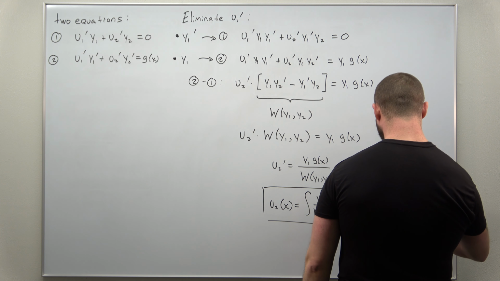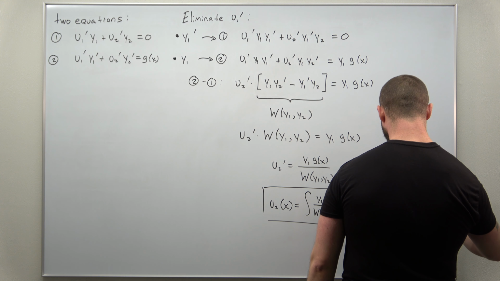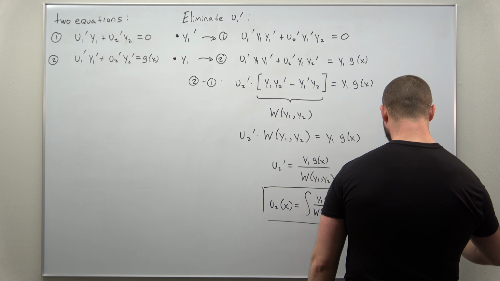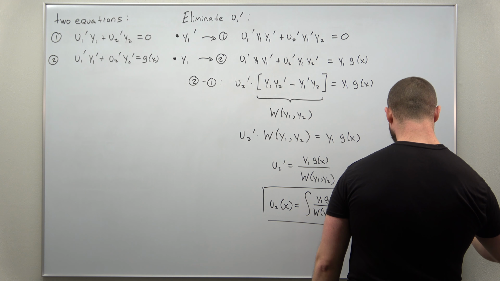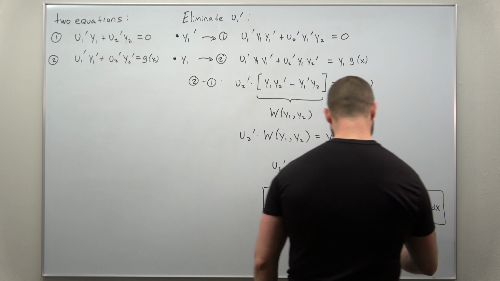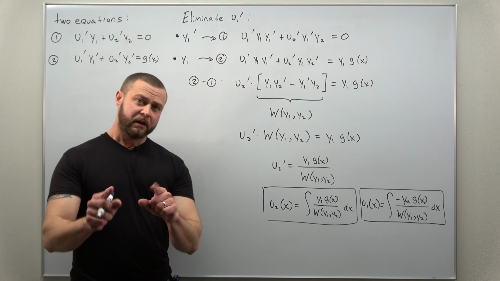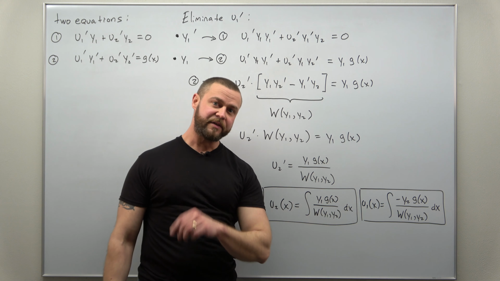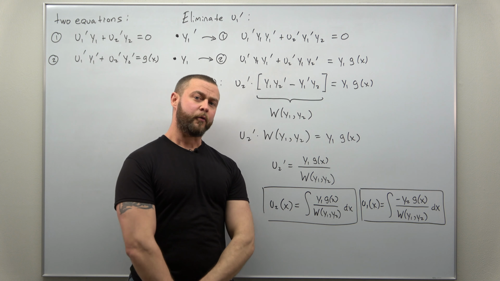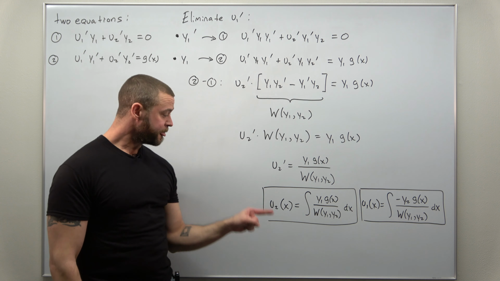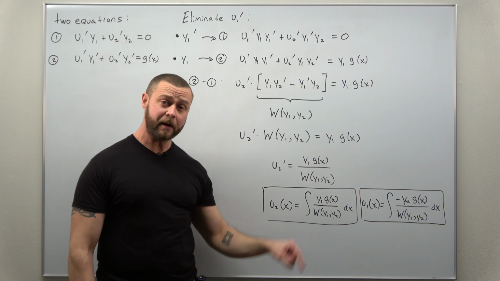The work is a little bit different, but you'll get minus y2 times g of x divided by the Wronskian. And we'll leave it at that. Go ahead and go through elimination, and you should arrive at that for u1. All right, that completes the proof. That is where those integral formulas come from.